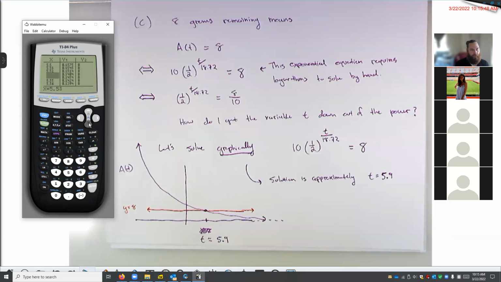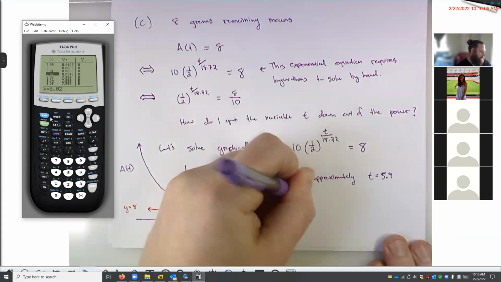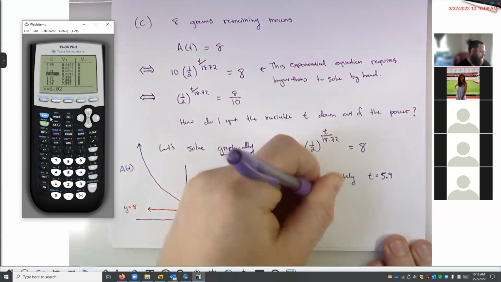But there's not a lot of sense in being super duper picky about these because we will develop the logarithm tools that we need in order to solve these equations exactly quite soon. So here I'd say 6.02, 6.01. Yeah, 6.02 is actually more careful.